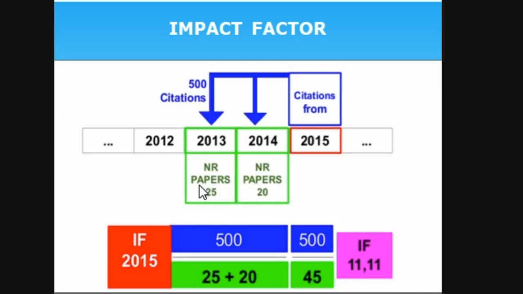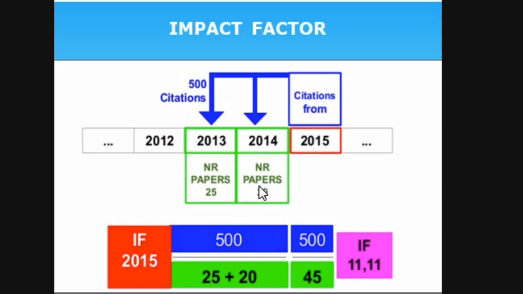In 2013, the journal has published 25 papers. In 2014, the journal has published 20 papers. These 25 and 20 papers got 500 citations in 2015. You have to take the citations from the year 2015 and add up the number of publications for the last 2 years.